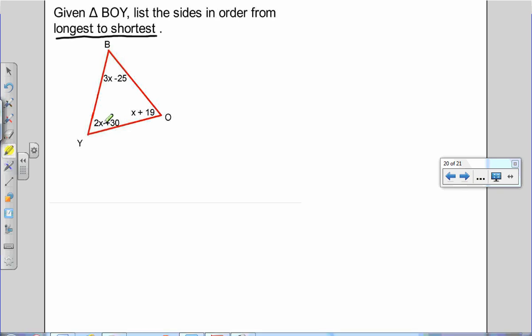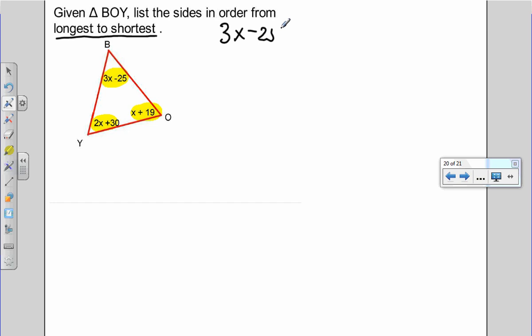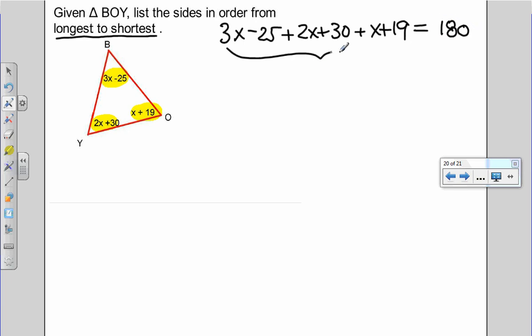I know that these three expressions, these three angles, add up to what magic number? 180. So 3x minus 25 plus 2x plus 30 plus x plus 19 equals the magic number 180.